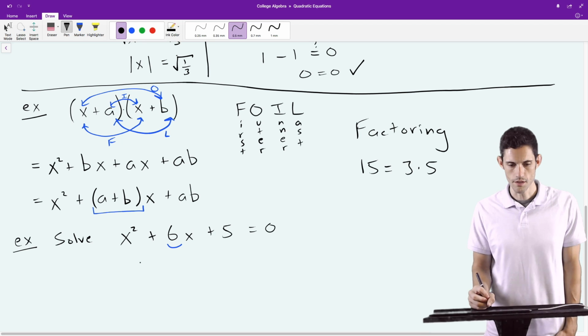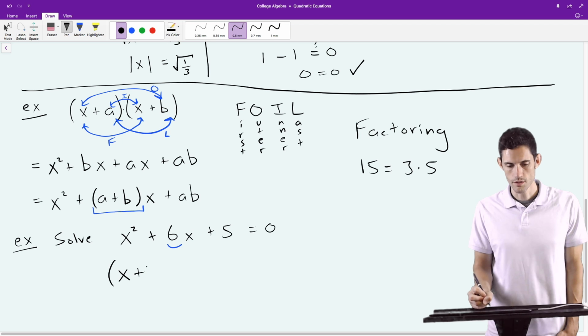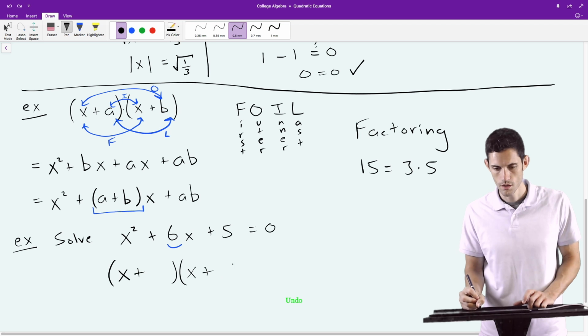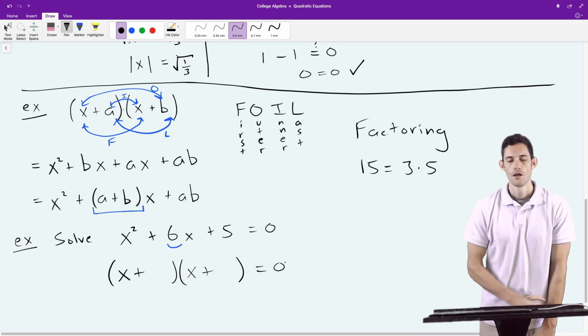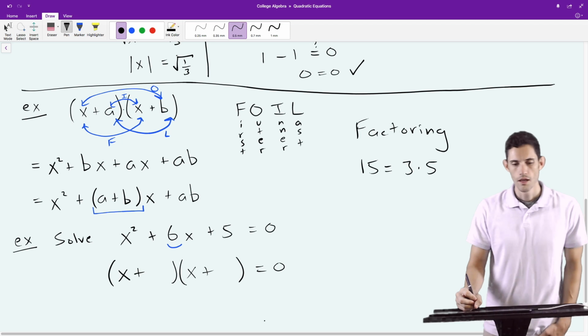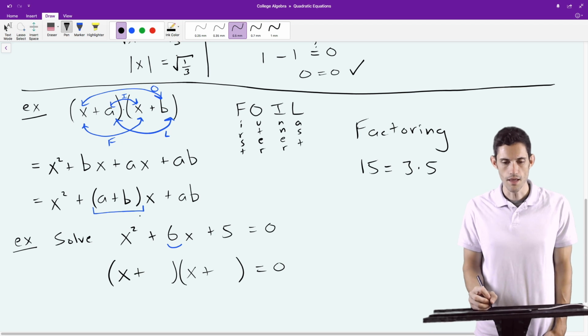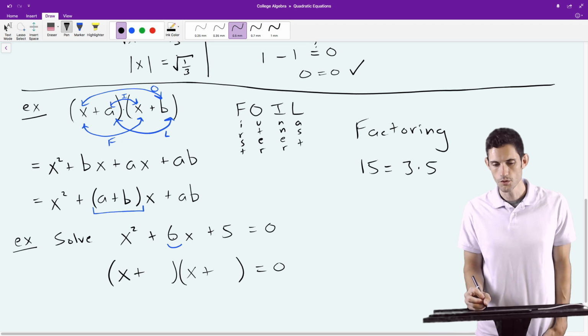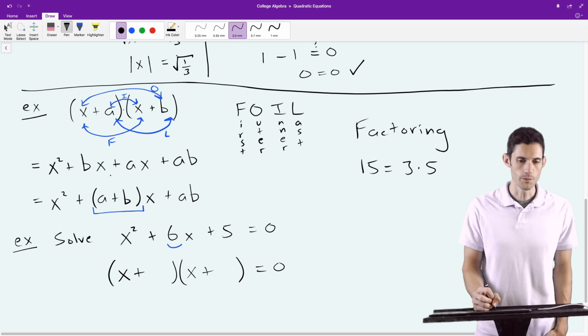So basically I'm trying to find a and b so that I can write this as x plus a times x plus b, and it's still equal to 0. So I'm just looking for a and b, really. And I know that whatever is multiplying my x here, which is 6, that's got to be a plus b.